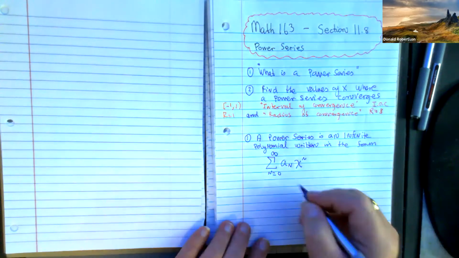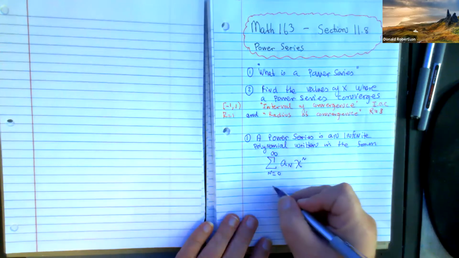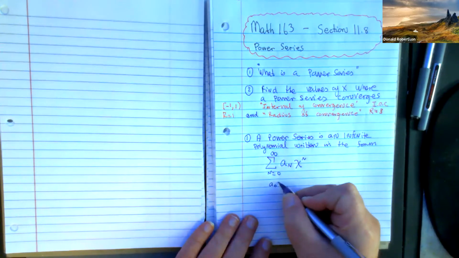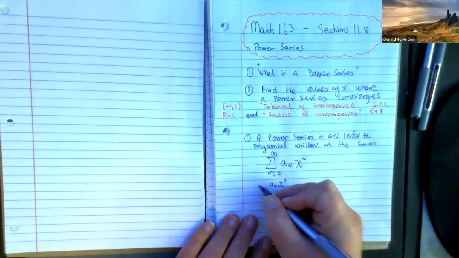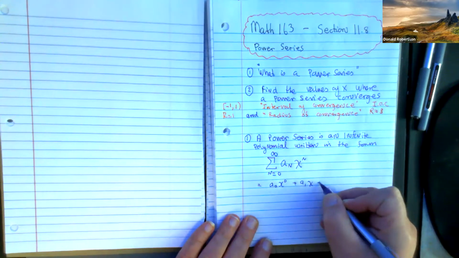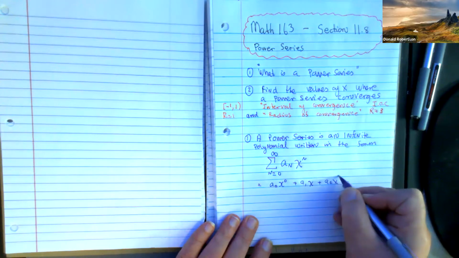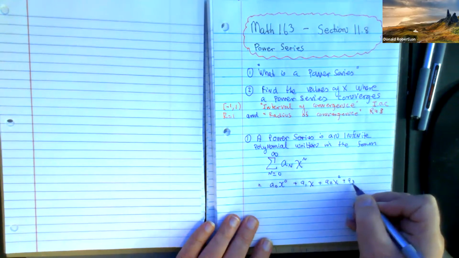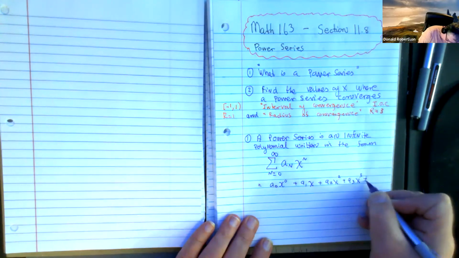So if I plug in n equals 0, you get a_0 x to the 0, and then a_1 x plus a_2 x squared plus a_3 x cubed for eternity.